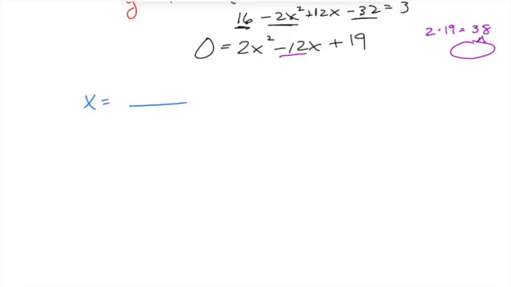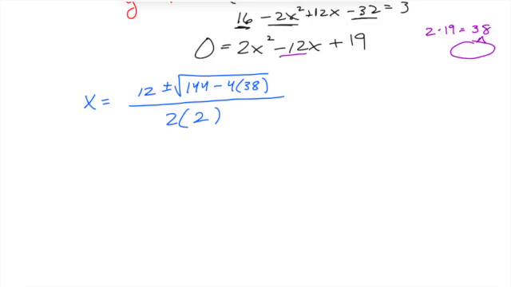x is going to be equal to negative b, so that's positive 12, plus or minus the square root of b squared, so negative 12 squared, that's 144, minus 4ac, and a times c, 2 times 19, that's 38, all divided by 2a, and a is 2.